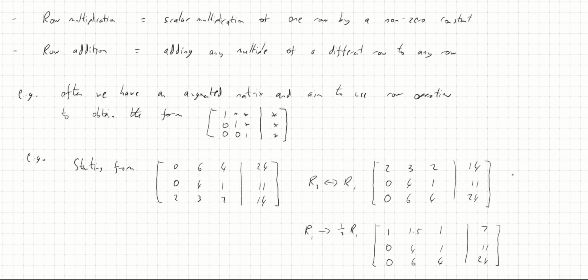Okay, so now that first column's looking pretty good in that form that we were looking to obtain. Now in the second column, we don't want a 6 at the bottom, we want a 0 at the bottom below that leading diagonal. So how can we get that 6 into a 0? Well, we can use a row addition. We couldn't do a row multiplication because we're not allowed to multiply by 0.